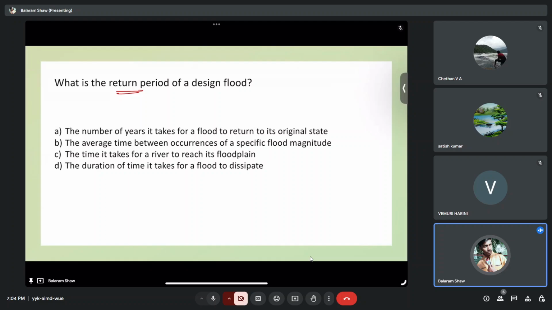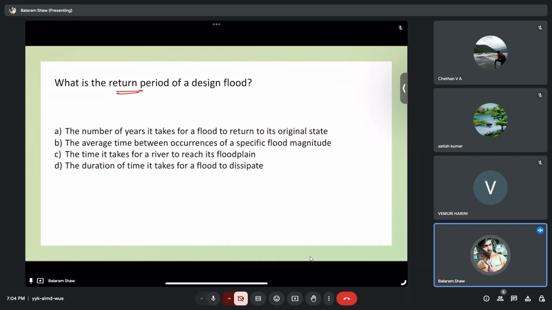So we know 1 by T is the probability, or the chance, you can say. Here it is 1 by 100, that is 1%, right? The correct answer will be a flood with a 1% chance of occurring in any given year. We call that the 100-year return period flood.